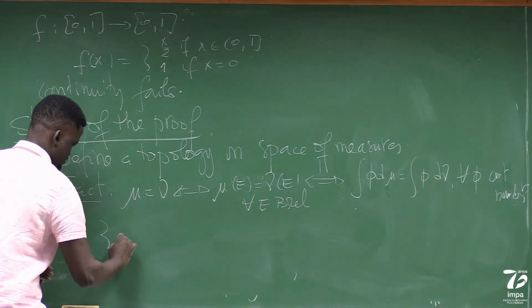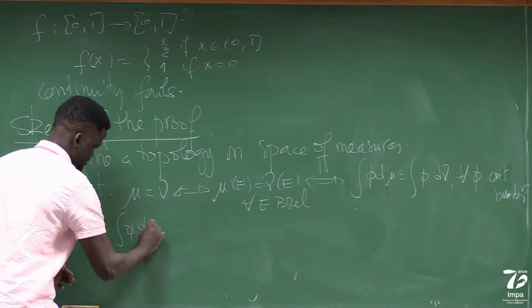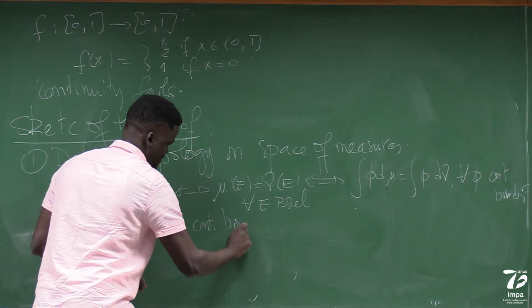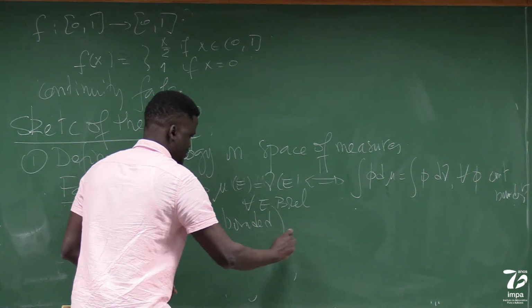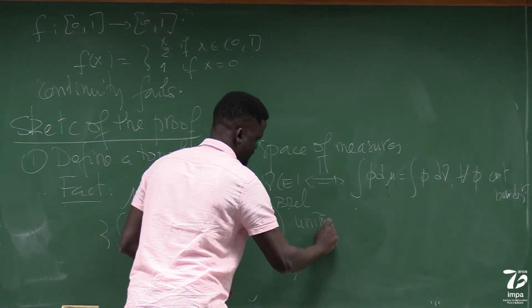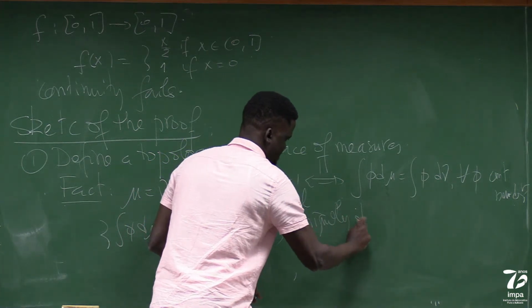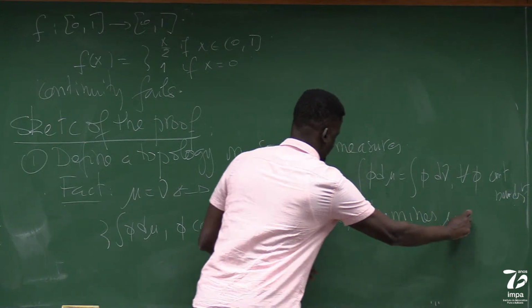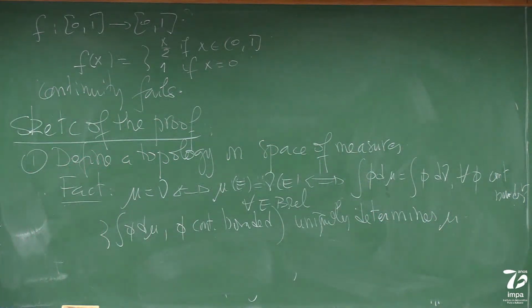So this data, the integral of phi d mu, phi continuous bounded, uniquely determines the measure mu. When we want to define a topology, we want to give meaning to two guys being nearby.